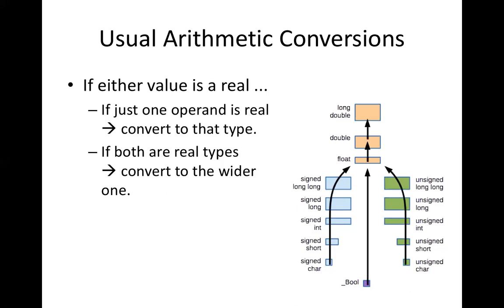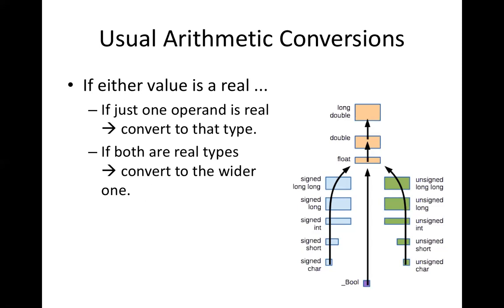The first, and this one is a lot like what Java does. If you've got two operands and at least one of them is a floating point type, then convert to the wider floating point type before doing the operation, before doing math. That's what I'm trying to show in this picture.